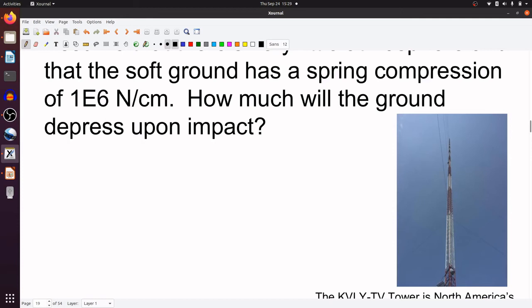So kind of the same deal here. We look at the top where he's falling, so no initial kinetic, but we will have initial gravitational potential. And when he hits the ground, remember, he's going to hit the ground and it's going to sink. And at that point, we're trying to find that displacement.